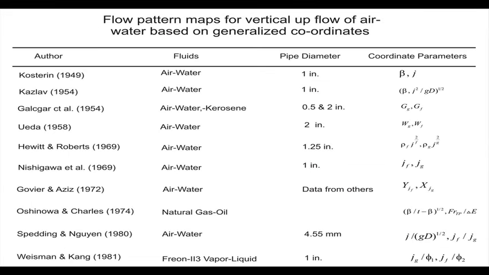Now, if we go through the literature, we find that people again have a lot of confusion regarding the most appropriate dimensionless group to be used for defining flow patterns.